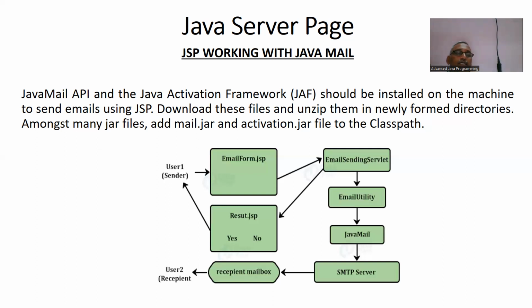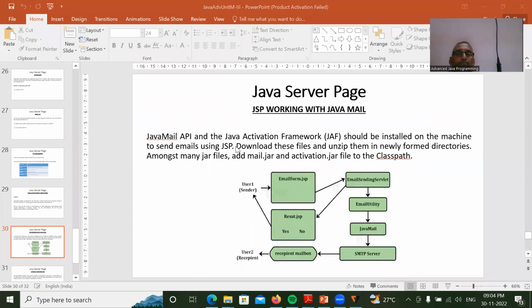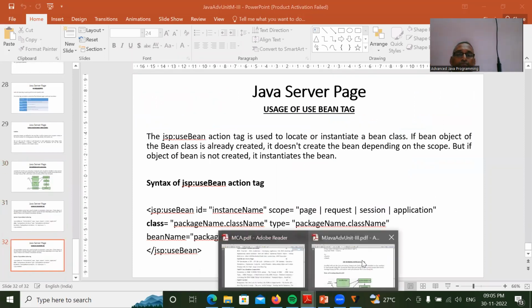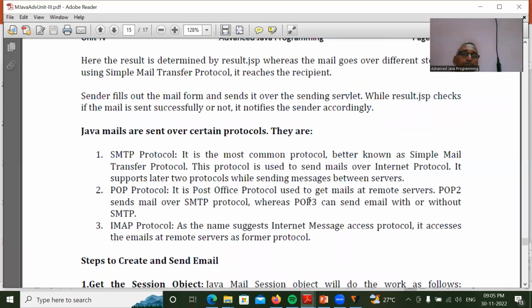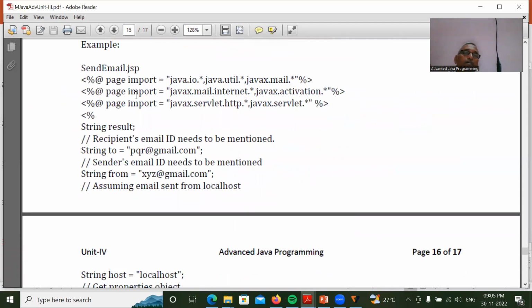Send the message. The JavaMail API uses the send method of the Transport class to send email. For example, this is sendemail.jsp. The page imports java.io, java.util, javax.mail, and javax.mail.internet; this page uses these imported packages.